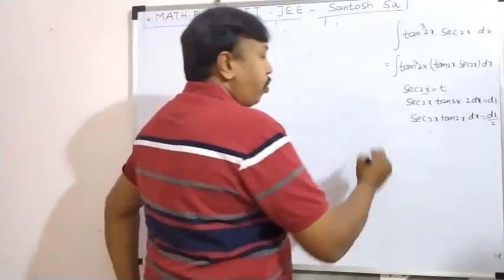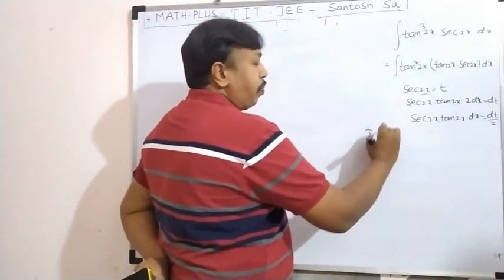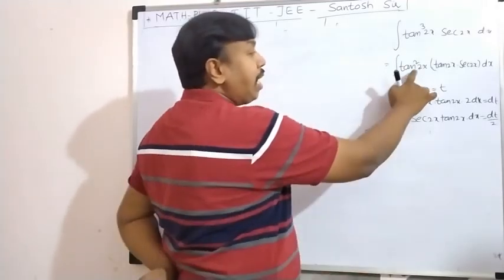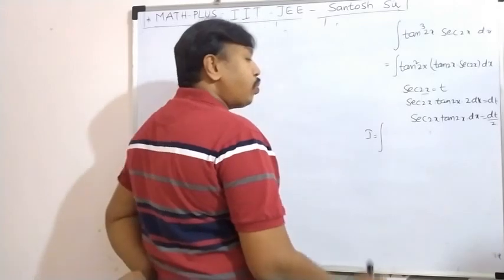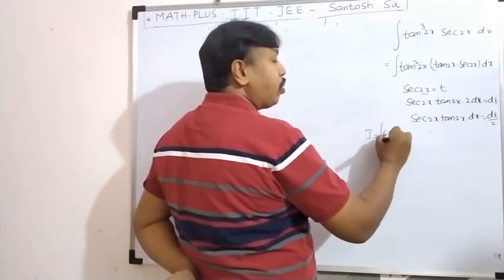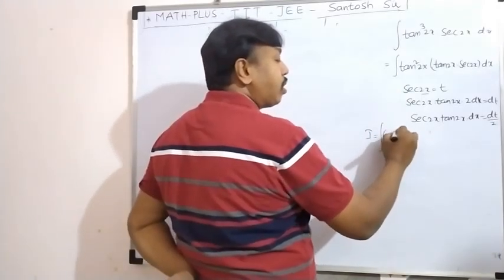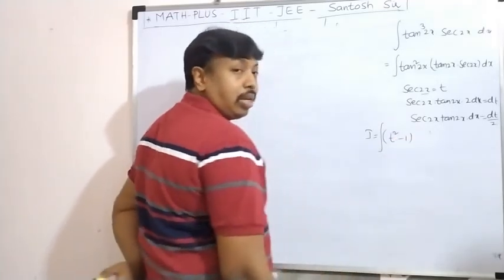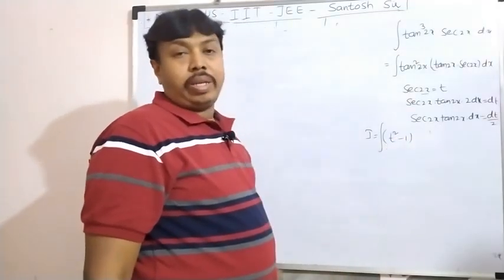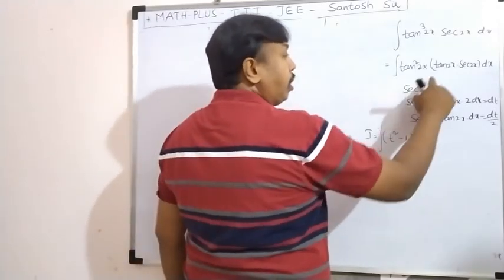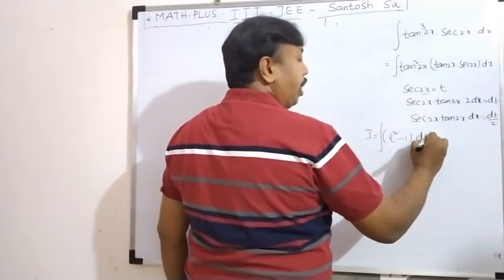See, now my integration becomes tan square. So I need to convert into secant x. So the tan square formula is secant square x minus 1, that is t square minus 1. Tan square theta can be written as secant square theta minus 1, into this entire function becomes dt upon 2.